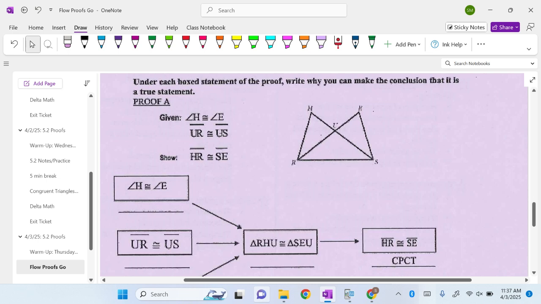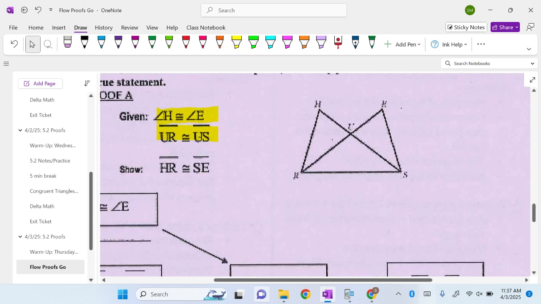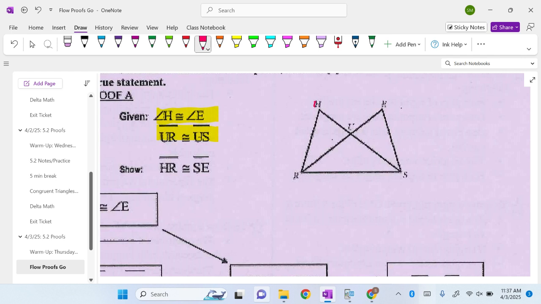Now, when you start a proof, you always look at what you're given and then mark it on the shape. All right. So we're going to mark that angle H is congruent to angle E. So it's kind of hard to see, but this is H, U, R, S, and E. All right.